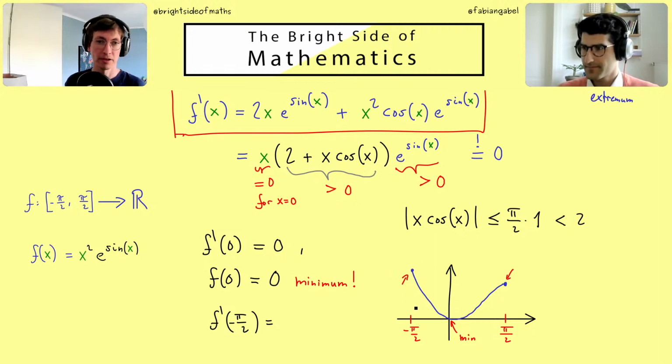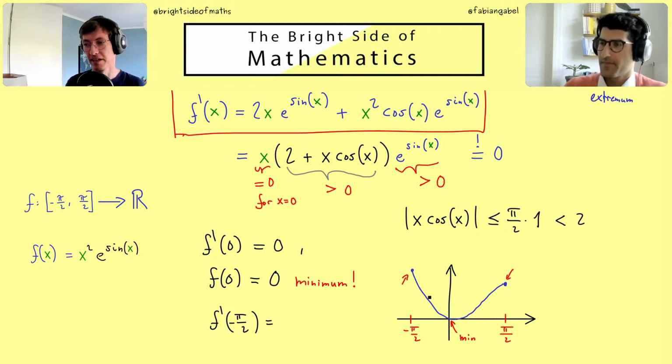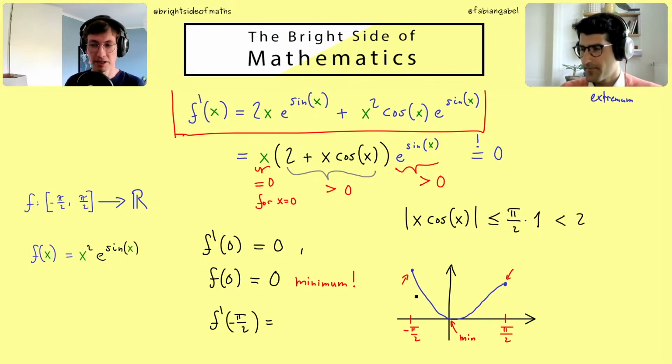I didn't want to say anything about the whole function, just at a given point. So if it's strictly decreasing, maybe it's not so important. We just want a neighborhood around this point. We already know nothing can happen until this point. So very good. But indeed, we can just consider the boundary isolated in this sense. So what is the derivative at the boundary point such that we know in which direction it goes? If it goes strictly down, so strictly decreasing, we have a maximum there.